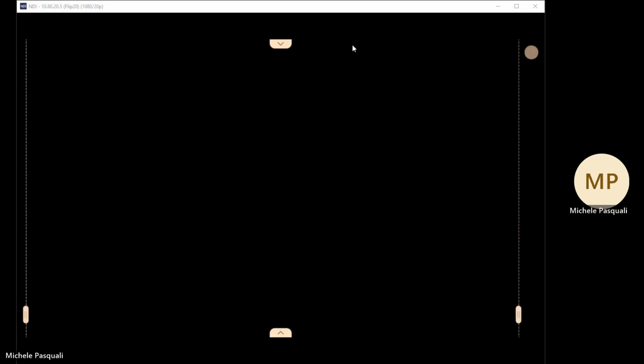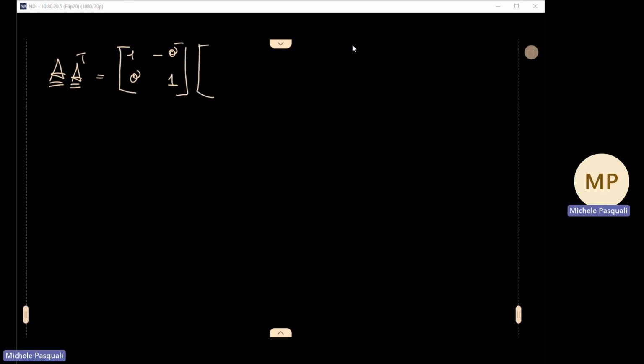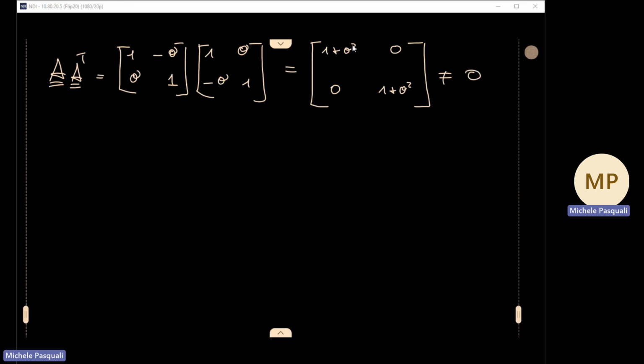If I do A applied over A transposed, what I get is 1 minus theta, theta and 1 applied over 1 theta minus theta and 1, which is 1 plus theta squared, 0, 0, 1 plus theta squared, which is not, of course, the identity matrix.